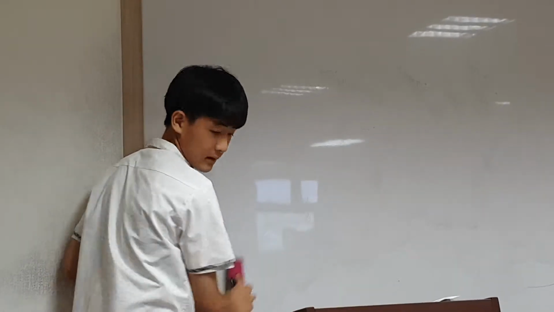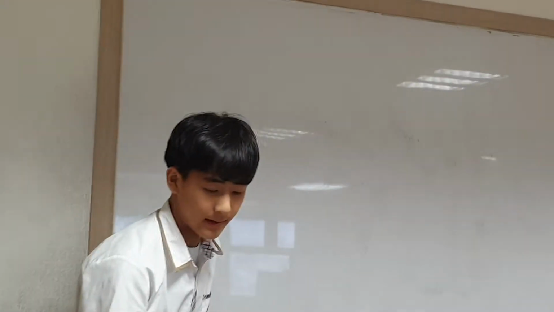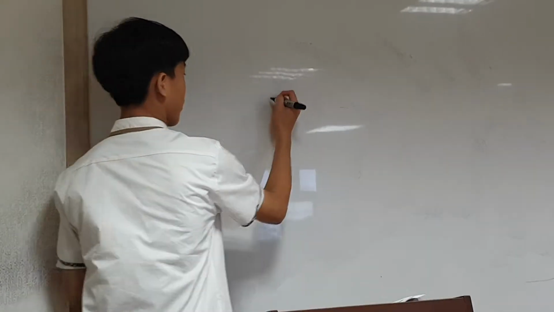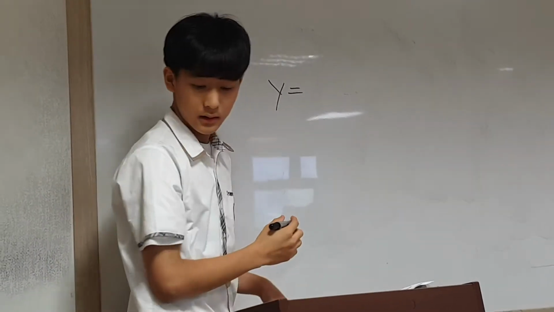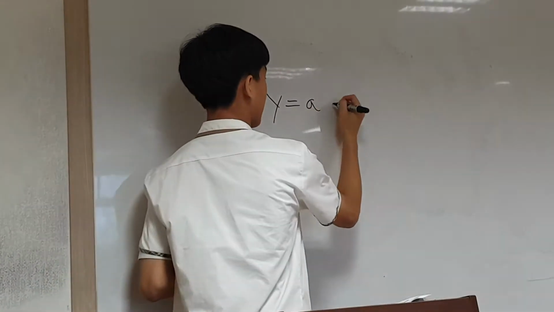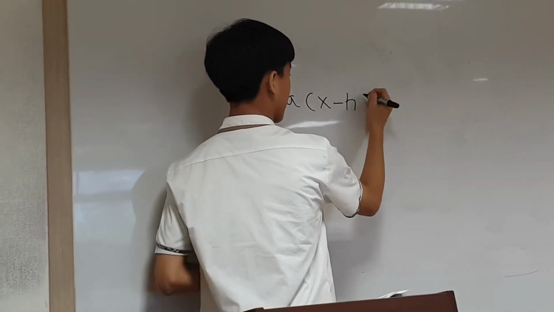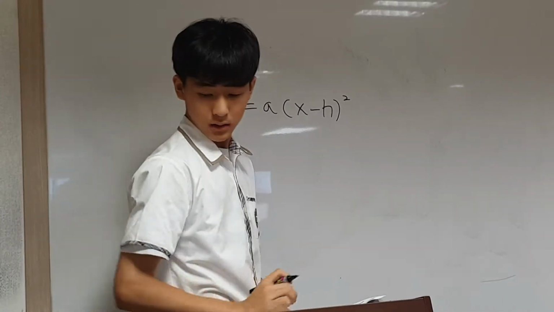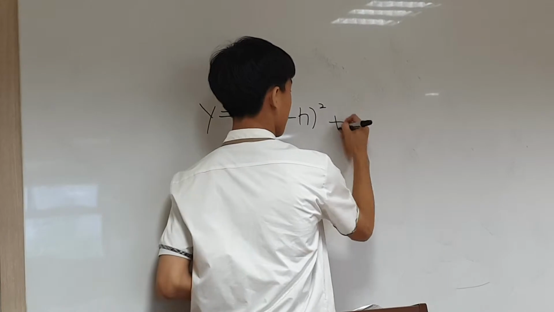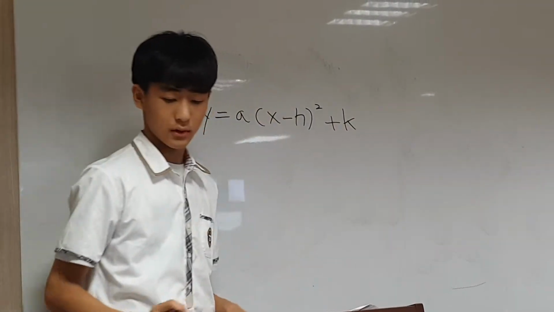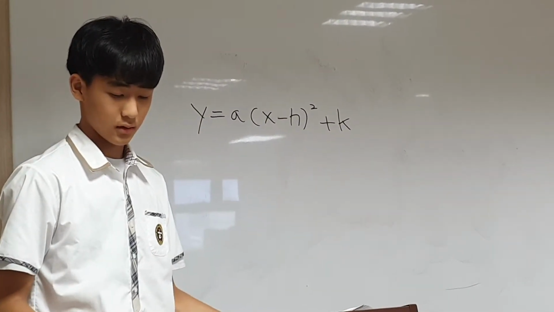So let's talk about equations of parabola, some fundamental things that are necessary in writing the equations of a parabola. The form of the equation is basically y equals a(x minus h) squared plus k.